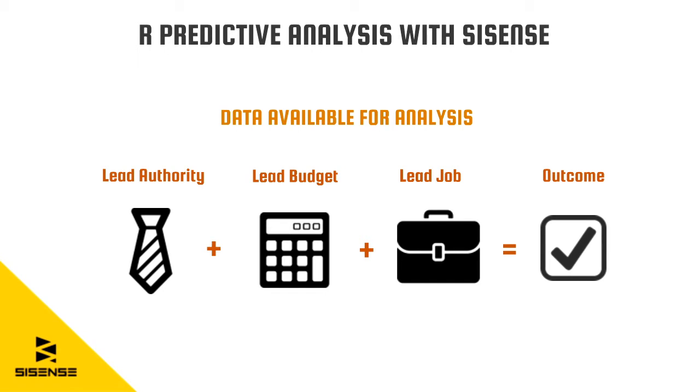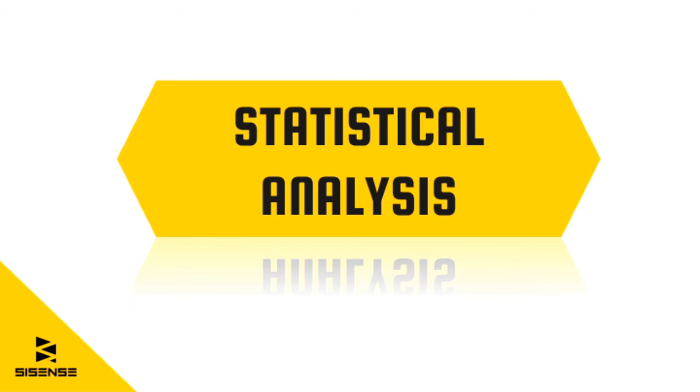So in this example, we've taken some data, which would be typical for the kind of person that you'd be talking to in a B2B scenario. It might include the authority of the person that is having these discussions with you, what their budget is, what their role in the organization is, and we're going to combine that together to get an outcome. So we're trying to see, was the deal closed or was it lost? And then we can use this model again to predict, based on future data sets, what is possible.